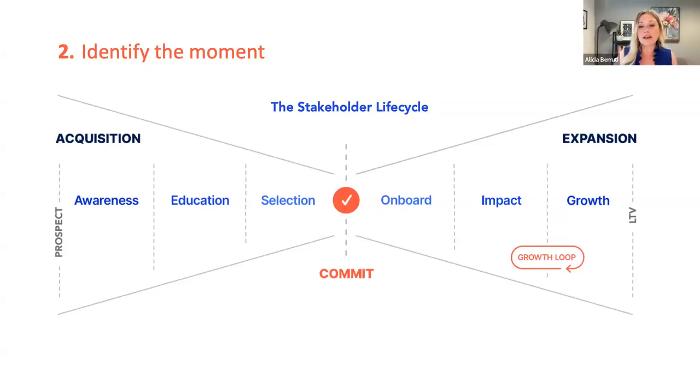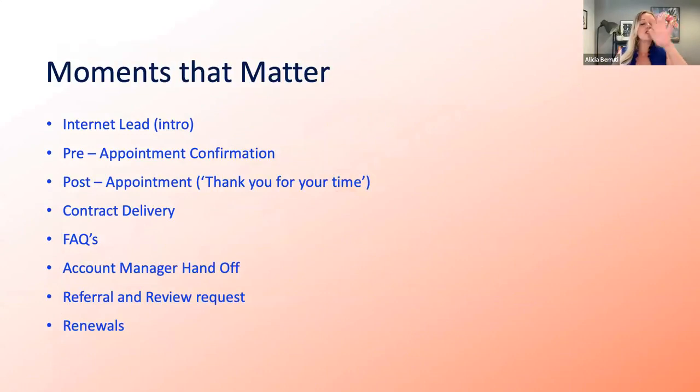Now, these are just an example of some moments, right? Because again, you need to list the moments that matter for your business. Okay. So some ideas: internet leads or first touch, right? That's that human contact moment. Pre-appointment confirmation. This is actually a place where we know a lot of people drop out of the funnel, right? They're excited. They set an appointment and the appointment rolls around. I don't really know if I want to talk to a salesperson anymore.